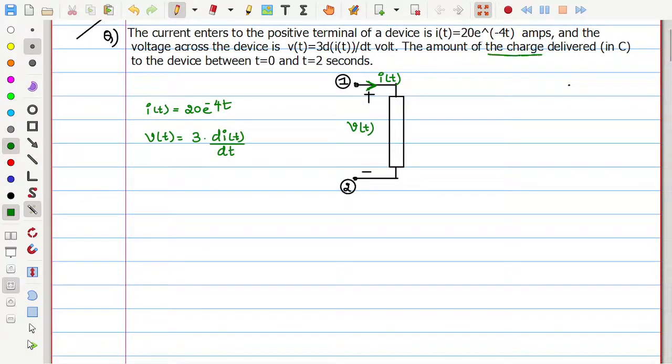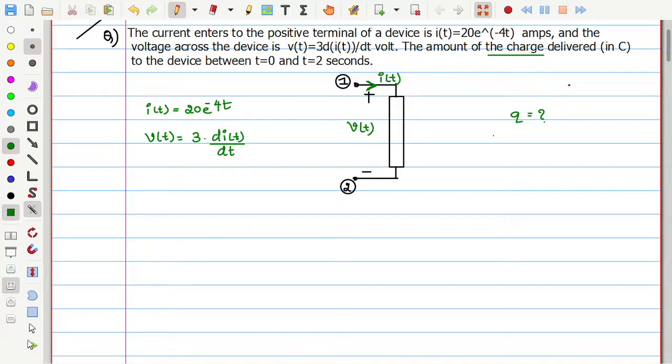What is the required quantity? Charge, Q. Q is how much? With this required quantity, just see what is given to us. Current is given, voltage is given. In which way can we relate the current with the charge, or voltage with the charge? Think yourself, use your brain.